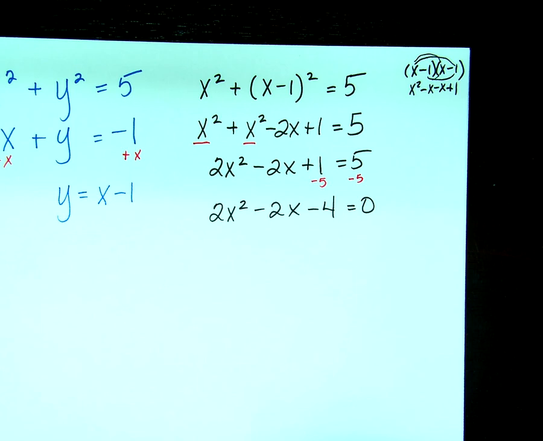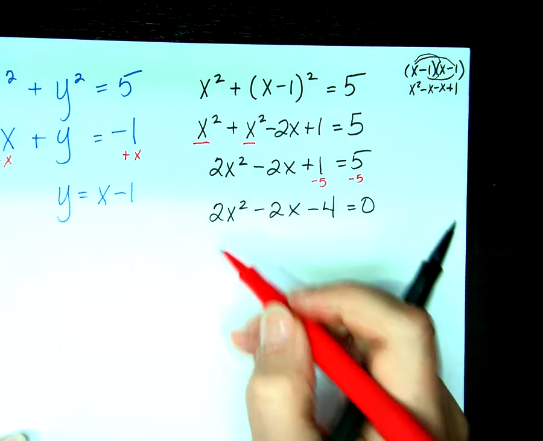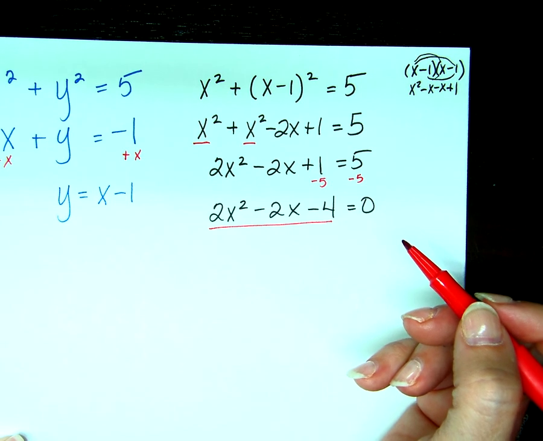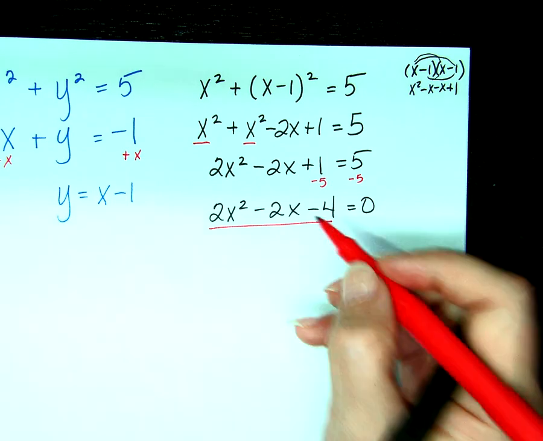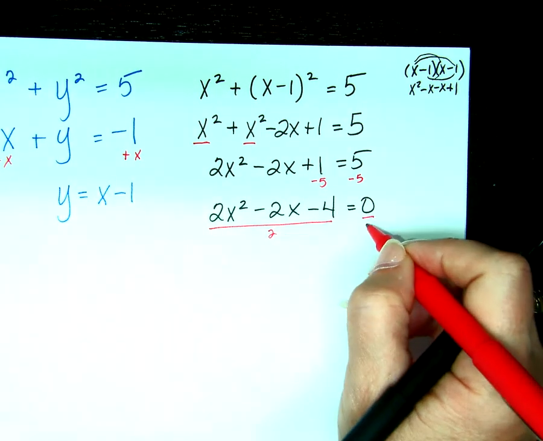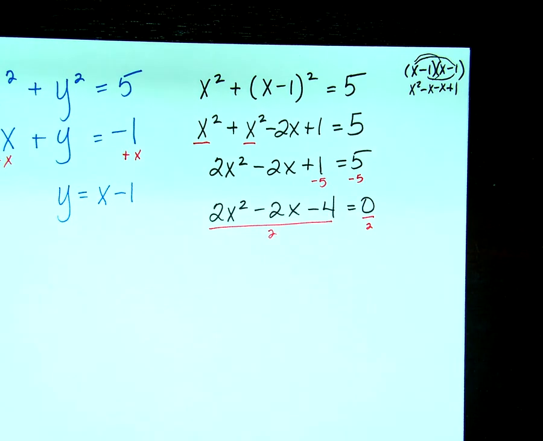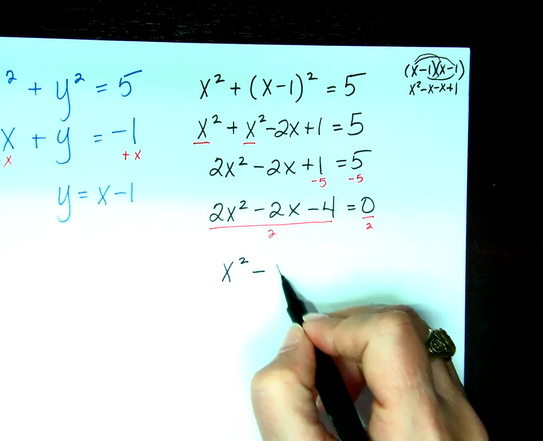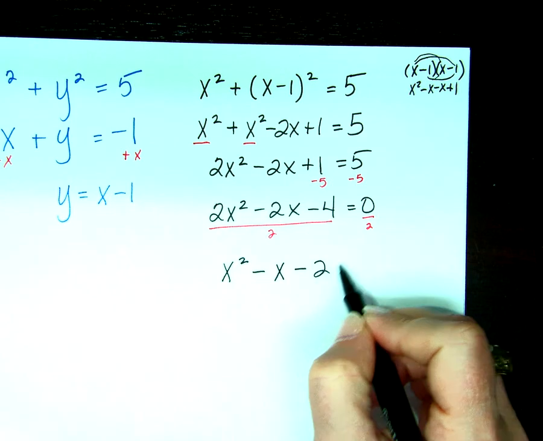What are we going to do this time that we forgot to do the first time? Common factor. Excellent. Okay. So if I factor, what am I factoring out this time? Negative 2? Oh, just positive 2 this time, right? Because that will keep my a term positive, won't it? So x squared minus x minus 2.